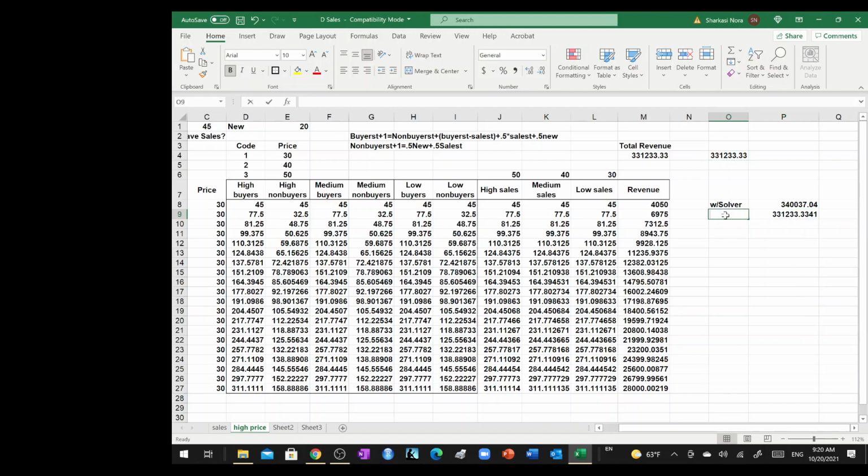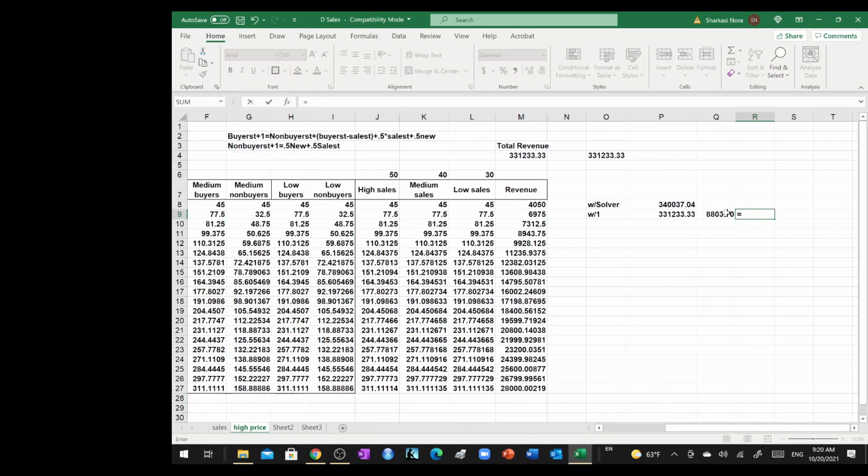So this is with 1, which is always putting it on the lowest discount. Look how much money you are getting. You are getting less by how much? This minus this, less by this much. How much in terms of a percentage? This over this.